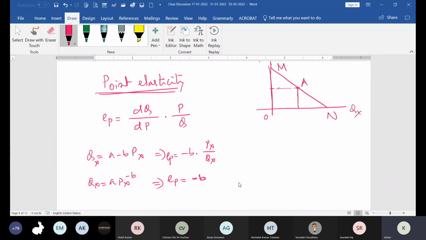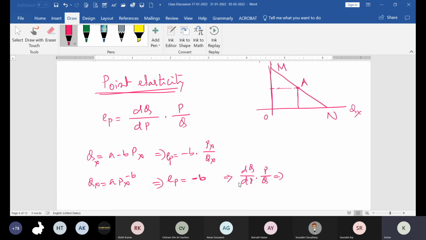By Px by Qx, it will become minus B. After multiplying it by Px by Qx, it will come minus B. See, first order derivative is what? First order derivative means dq by dp into p by q.